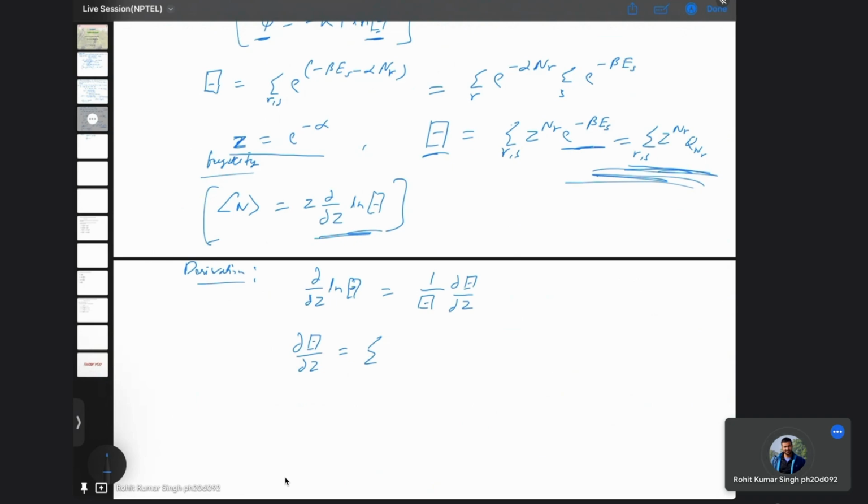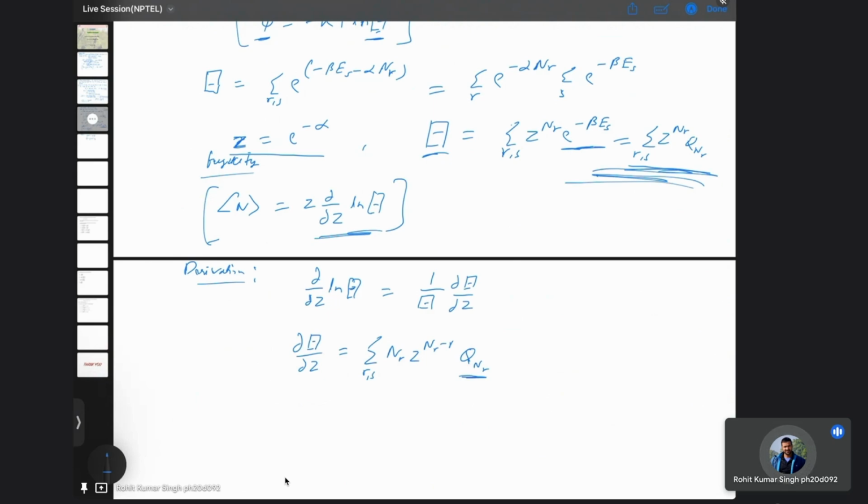So we get nr z to the power nr minus 1, and this Q nr remains like it is because it is constant, right? It does not depend on z, so it is a constant function of fugacity also.